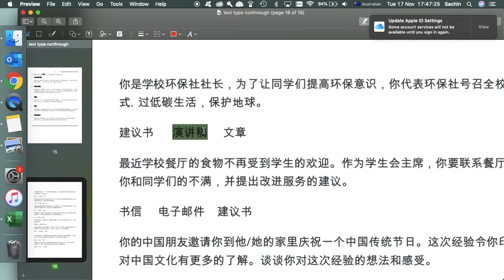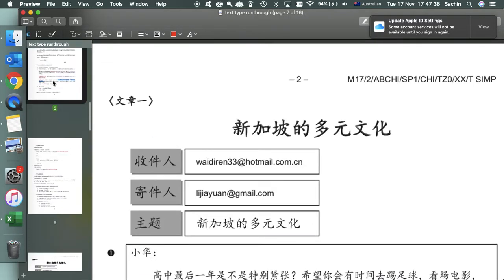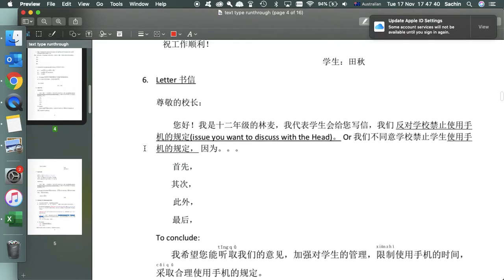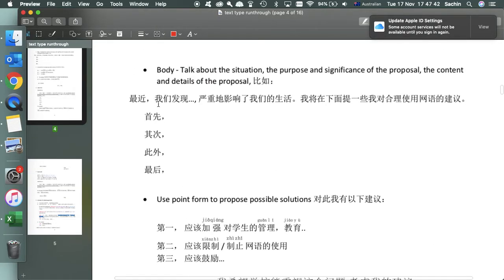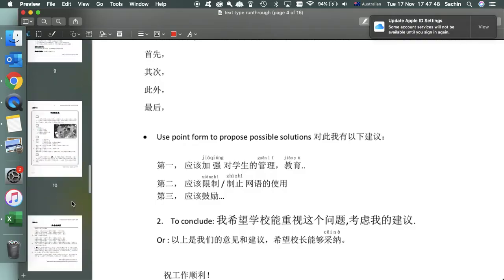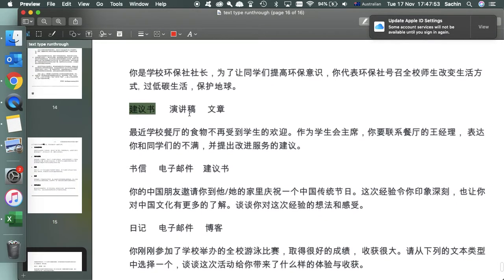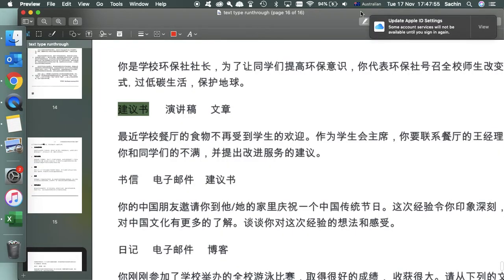Now, you can try and use a speech and propose suggestions in your final paragraphs, but it's much easier to use a 建议书, as the 建议书 structure was primarily that you talk about the issue first, and then you'd have your simple dot points to propose solutions for how to live a low carbon lifestyle. So yeah, that would be your answer.